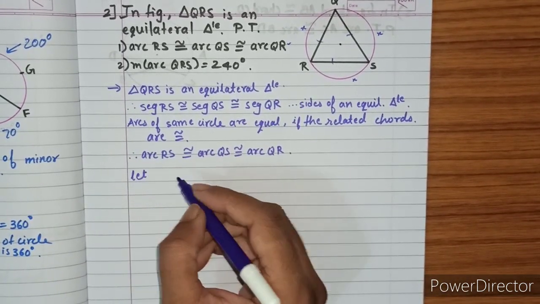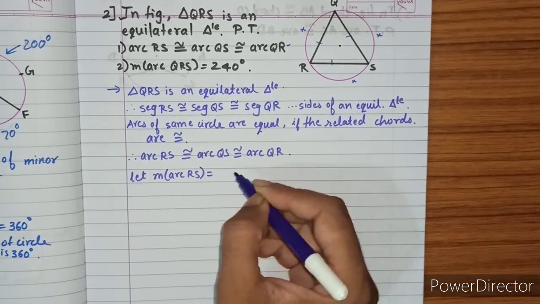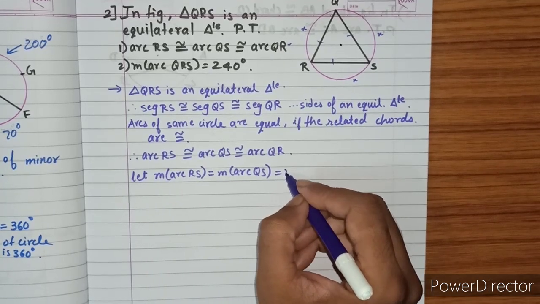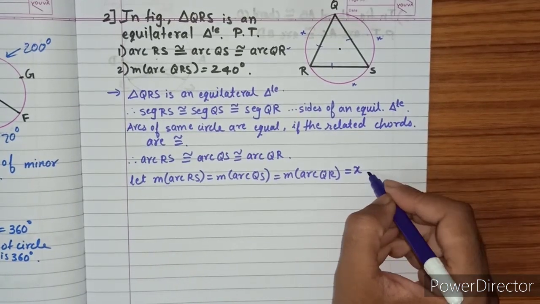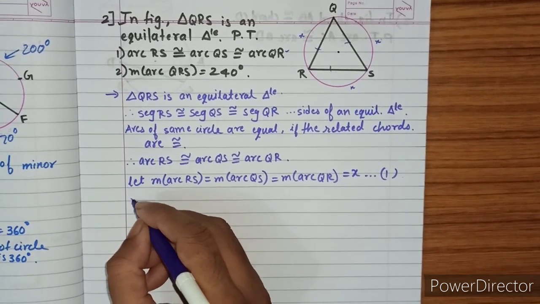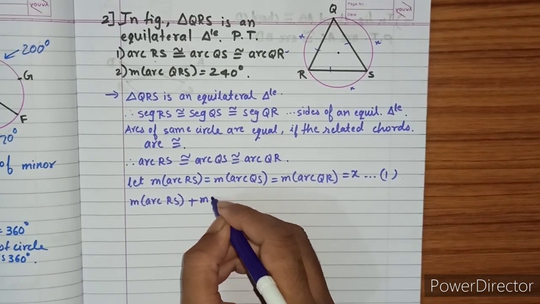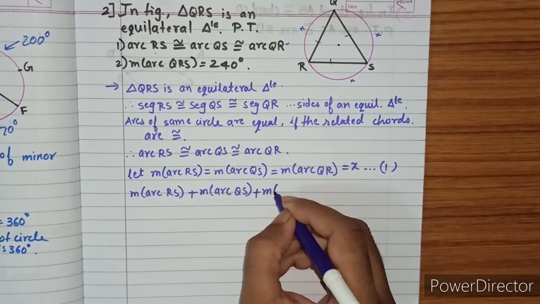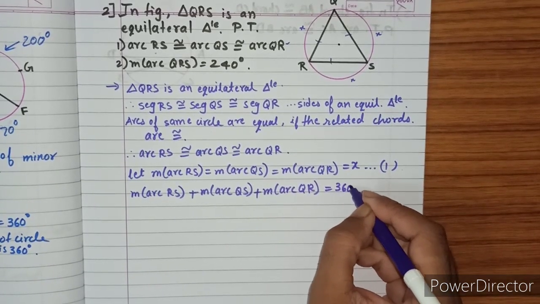Let measure of arc RS is equal to measure of arc QS is equal to measure of arc QR be equal to X. Let this be 1 because I need it afterwards. Now, measure of arc RS plus measure of arc QS plus measure of arc QR is equal to 360 degrees.